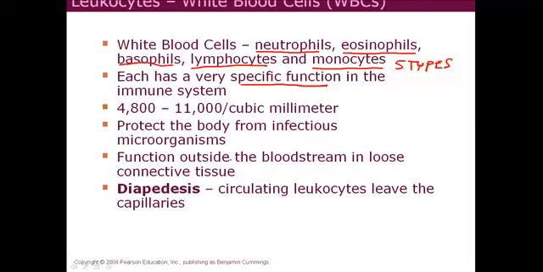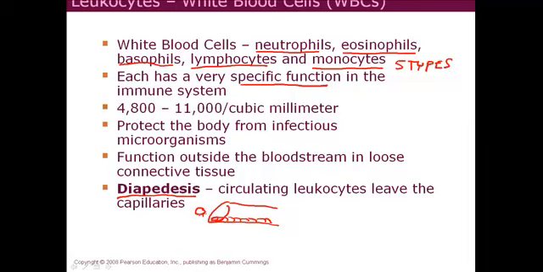They function outside the bloodstream, mostly in loose connective tissue. Now, diapedesis is a word used to describe how a white blood cell will leave a capillary. It actually crawls along the surface of the endothelium.